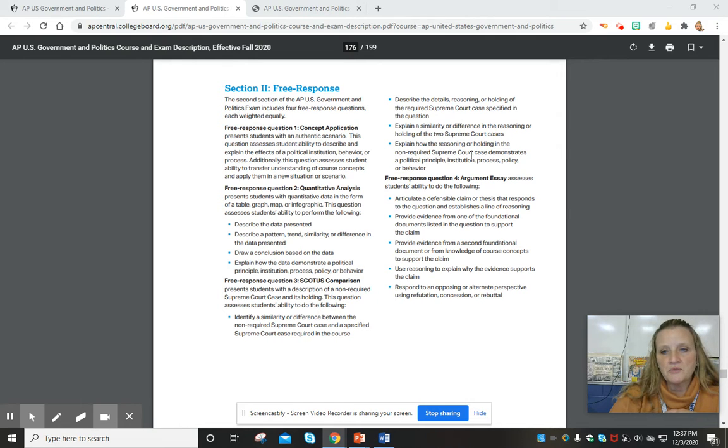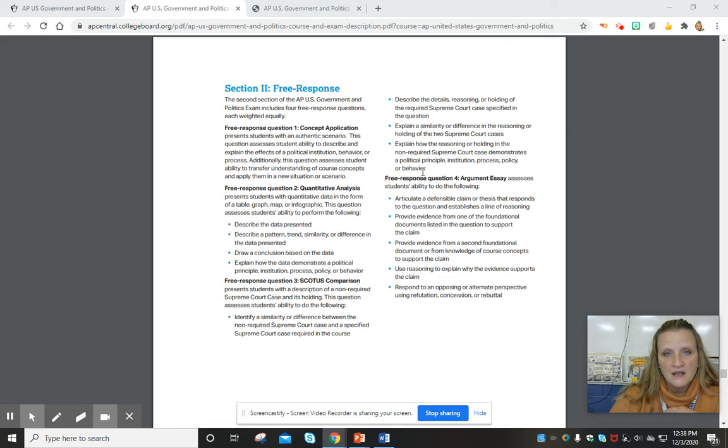And then explain how the reasoning or holding in the non-required case demonstrates a political principle, institution, process, policy, or behavior. So after you've compared, okay, say Tinker decided this and this case decided this, they're similar, then you have to demonstrate how this case demonstrates the First Amendment.